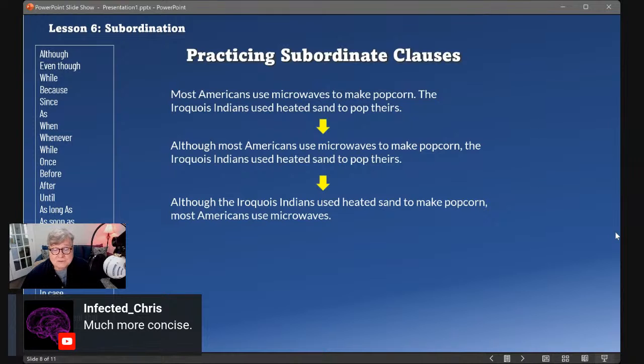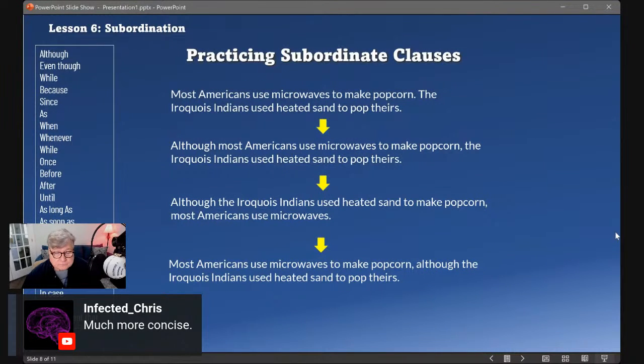Although Iroquois Indians use heated sand to make popcorn, most Americans use microwaves. And there you can see how that would work when you're talking about the Americans' overuse of microwaves or how microwaves have revolutionized cooking. All of these sentences are correct. They just achieve different emphasis, and you can use that emphasis to emphasize what you want to in your writing.